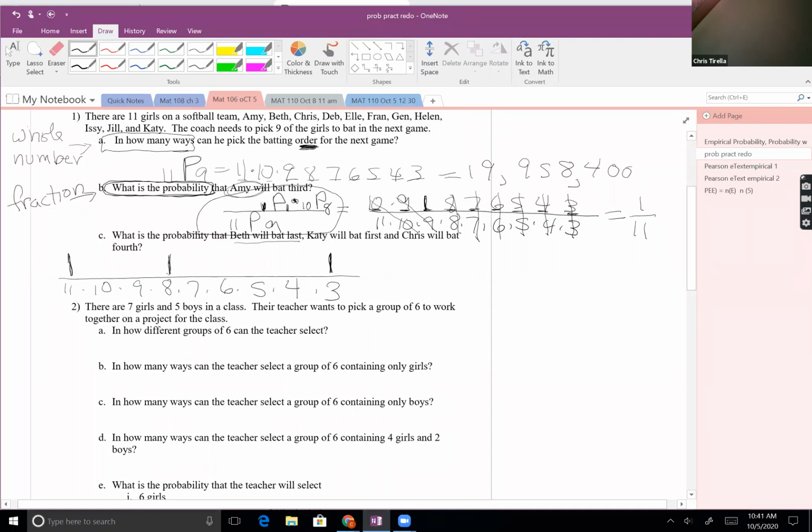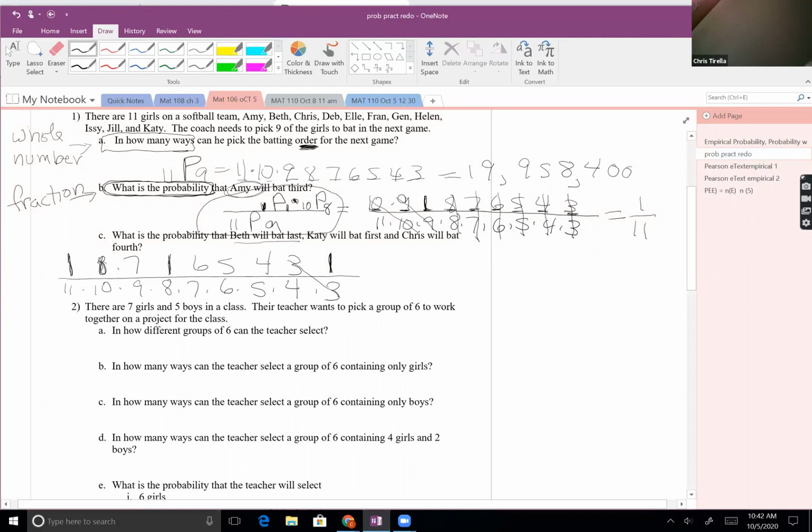How many batters have I used up? 3. So how many are left? 8. 11 minus 3 would be 8. So we'd have 8, 7, 6, 5, 4, 3 other players to pick.